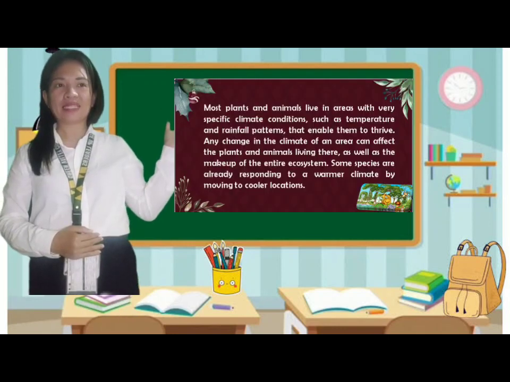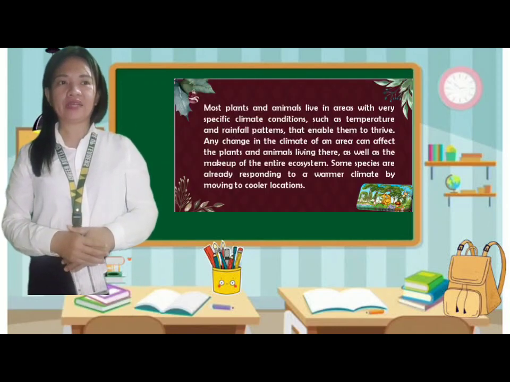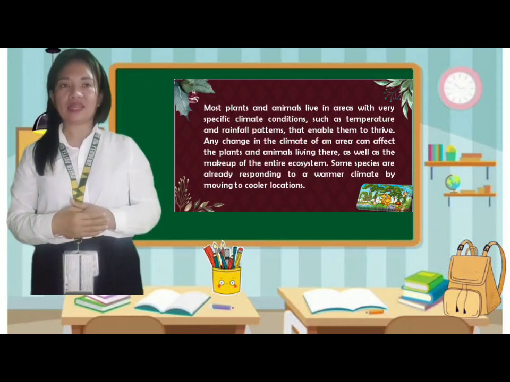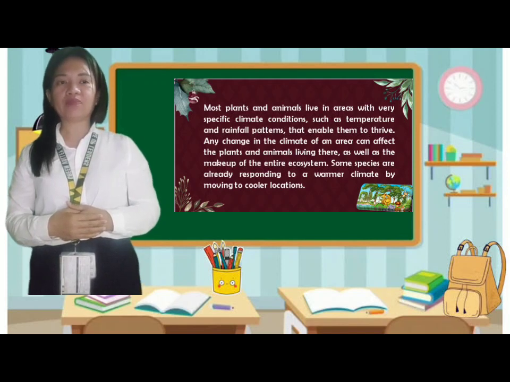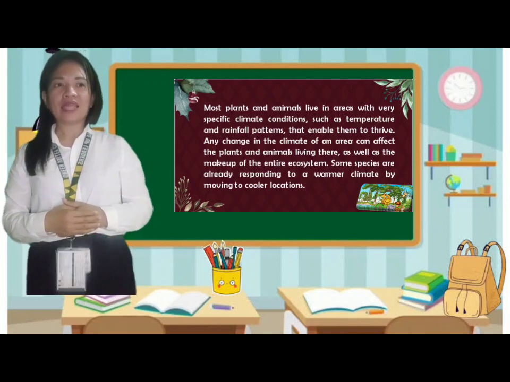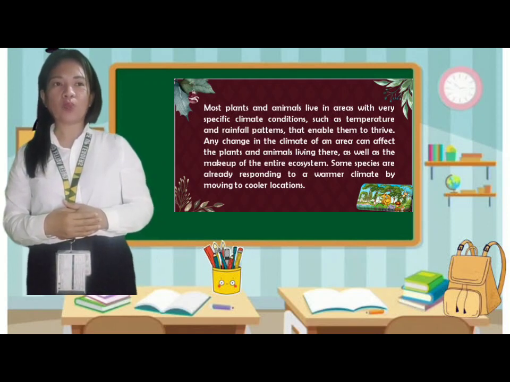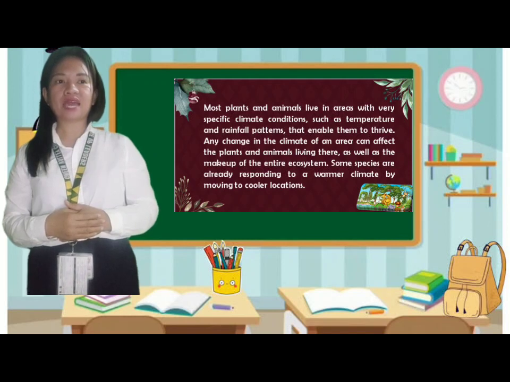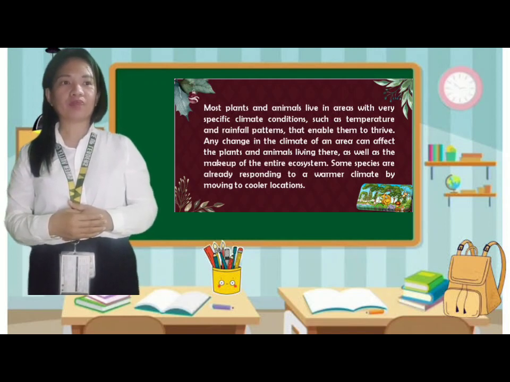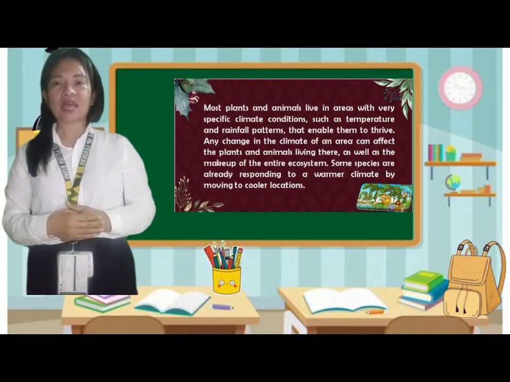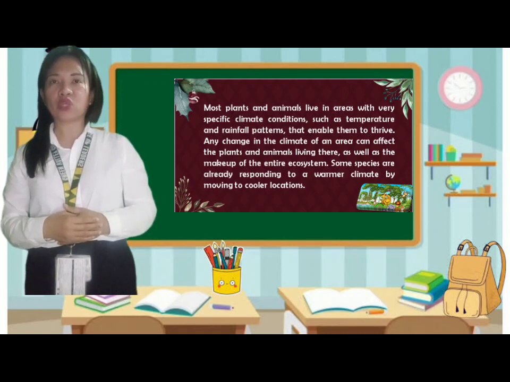Most plants and animals live in an area with very specific climate conditions, such as temperature and rainfall patterns that enable them to thrive. Any change in the climate of an area can affect the plants and animals living there, as well as the makeup of the entire ecosystem. Some species are already responding to a warmer climate by moving to a closer location.